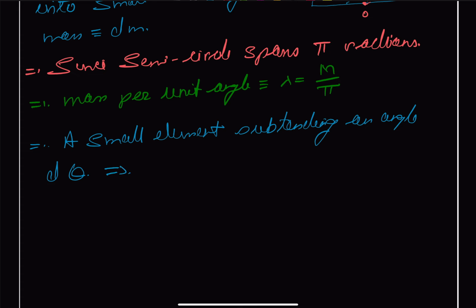Therefore we can say that our dm will be equal to lambda multiplied by d theta, and this comes as M upon pi times d theta.